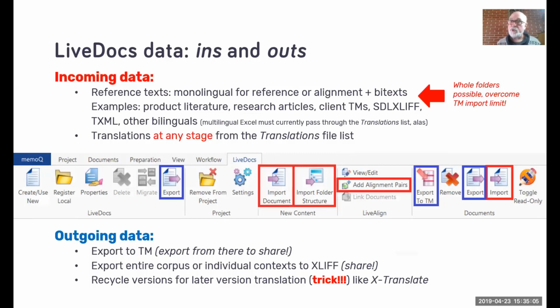You can take those documents that are stored in a LiveDocs corpus and export them and then bring them back in as translation documents. But there's a trick to it. It won't work unless you know this special trick, which I've described on my blog. I think I might have a YouTube video on that, but you're going to see it live today for your convenience.